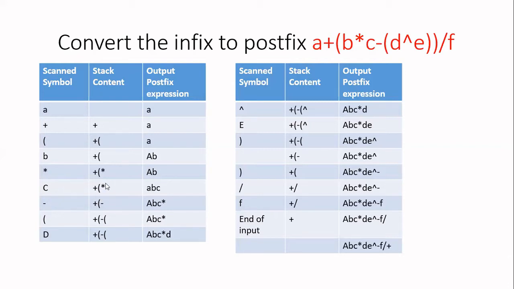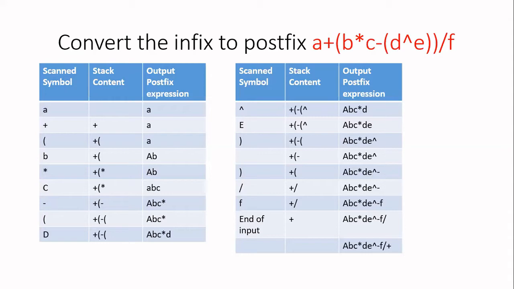Now you have to check whether the priority of multiply is greater or the priority of the new operator in your hand is greater. Now I have minus. The priority of minus is less than the priority of multiply. Remember, when you push anything on the stack, if the priority of the new character you scanned is greater than the priority on the top of the stack, you push it.